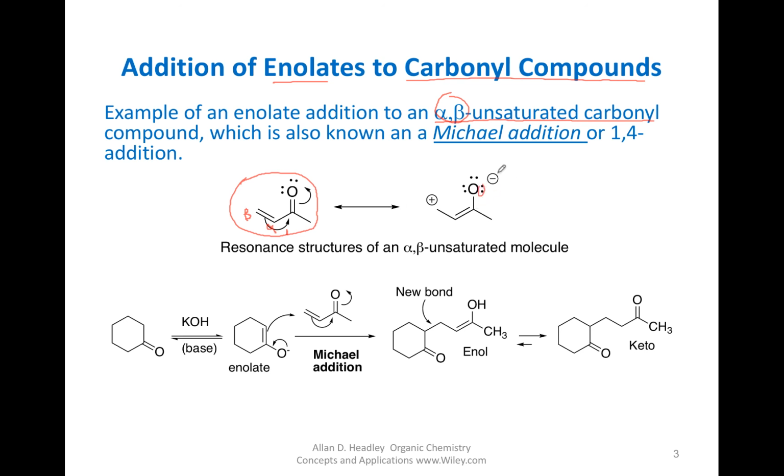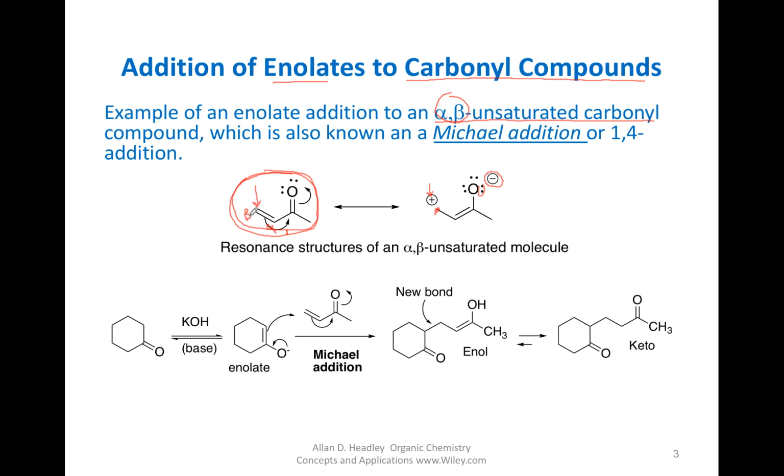In that case, the oxygen acquires a formal negative charge, and the beta carbon acquires a formal positive charge. Bottom line is, in an alpha beta unsaturated carbonyl, this carbon here, the beta carbon, is partially positive.